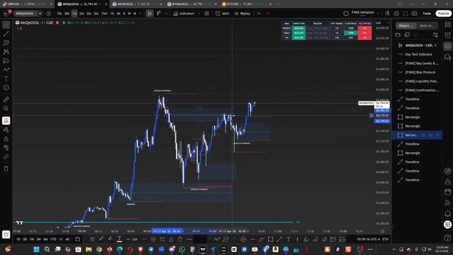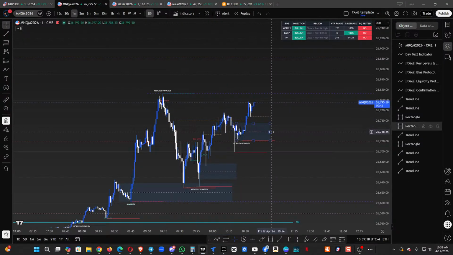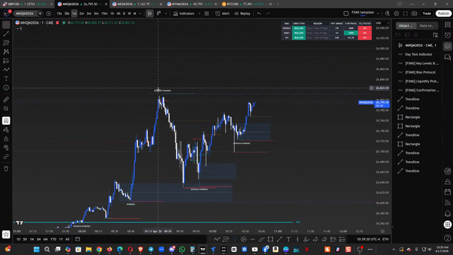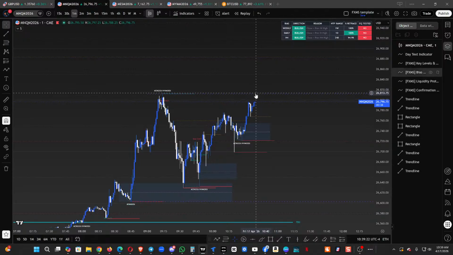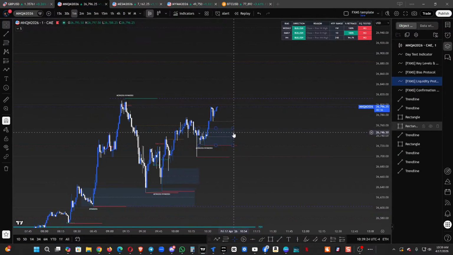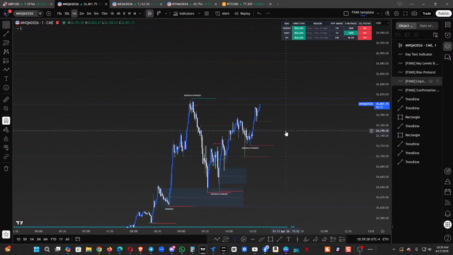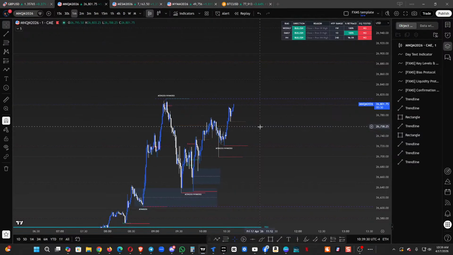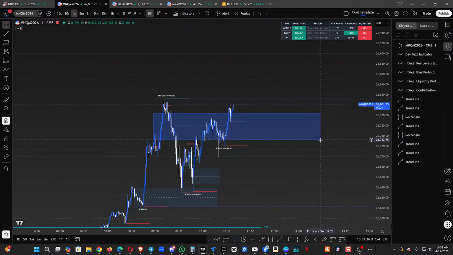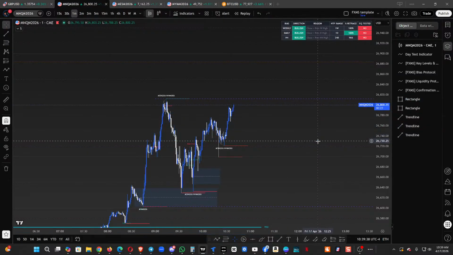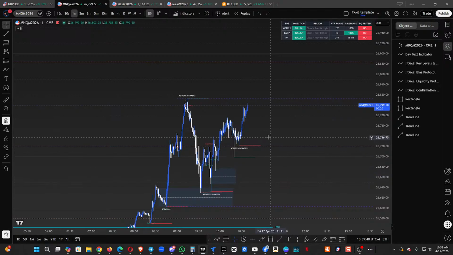All right, so as you can see, that did not hold, and we are through. And now this is going to be the next level. So we're close to our range high. Let's see if we get a reaction. It's already 40 after, so I don't think we'll get a setup in the session here, but let's see if we get some kind of reaction to this level.